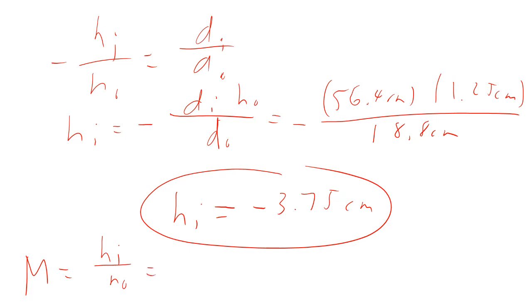So in that case, it'd be minus 3.75 centimeters divided by the original 1.25 centimeters. That comes out to be minus 3 times. Again, the negative means that it is upside down, it does not mean that it is smaller.